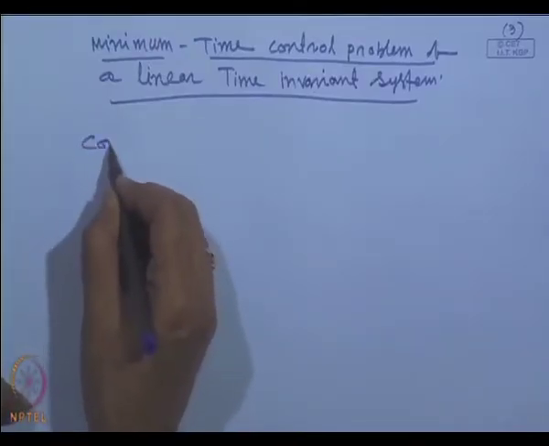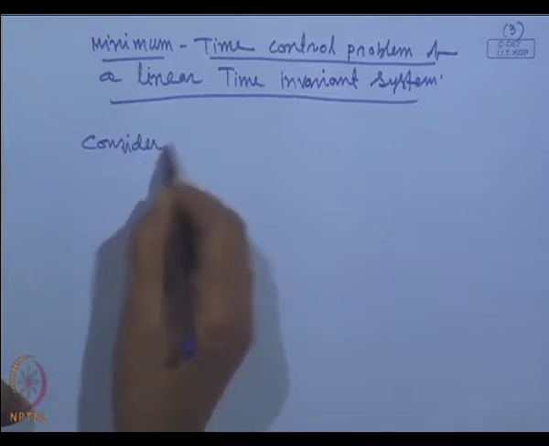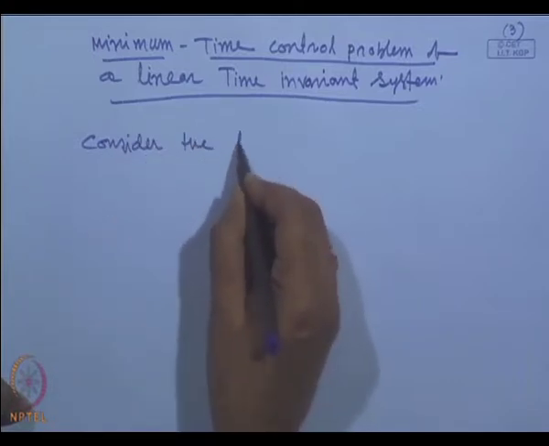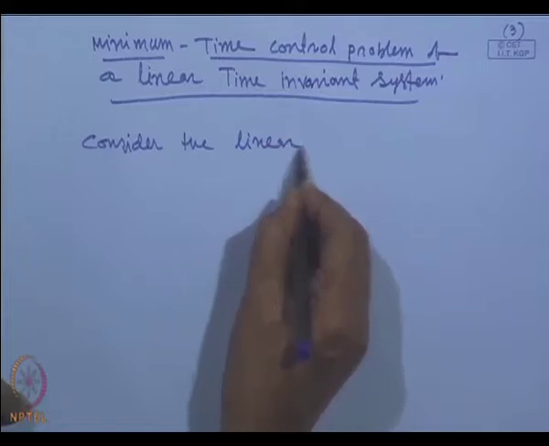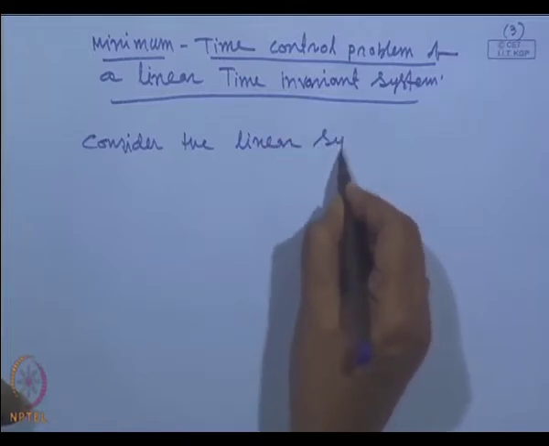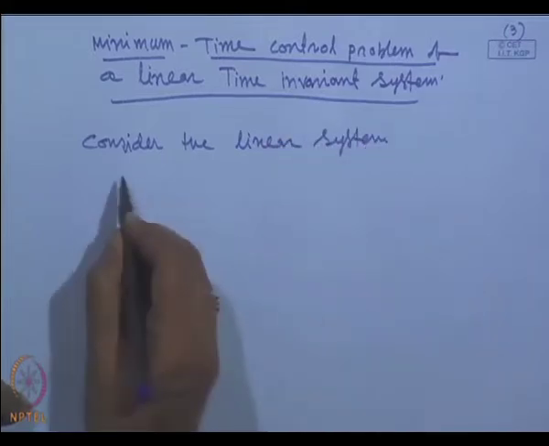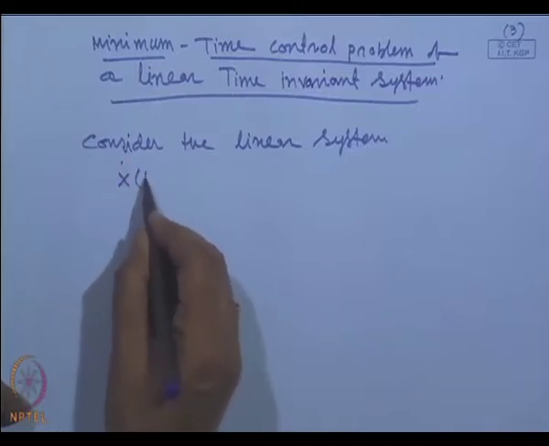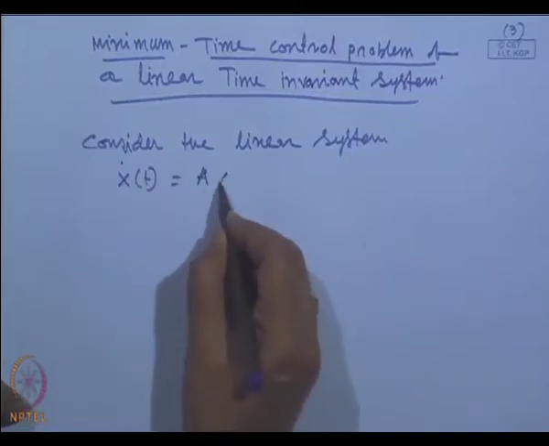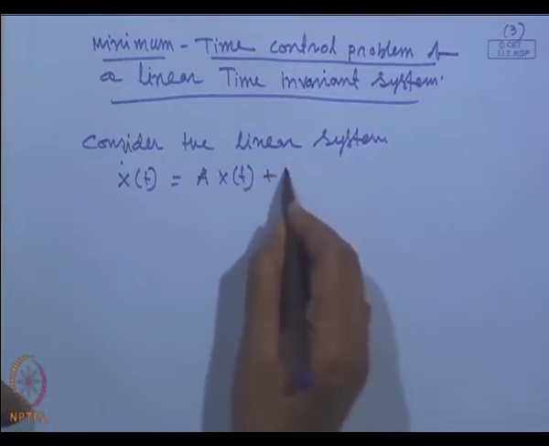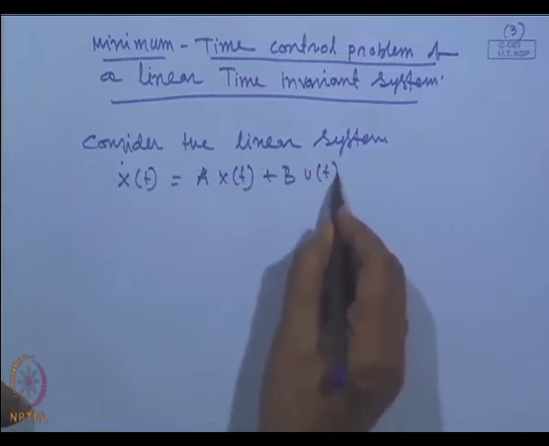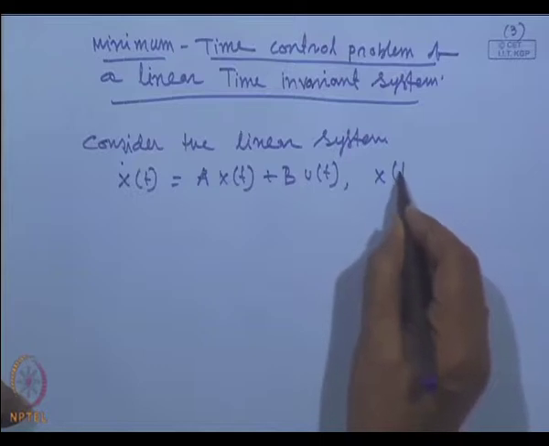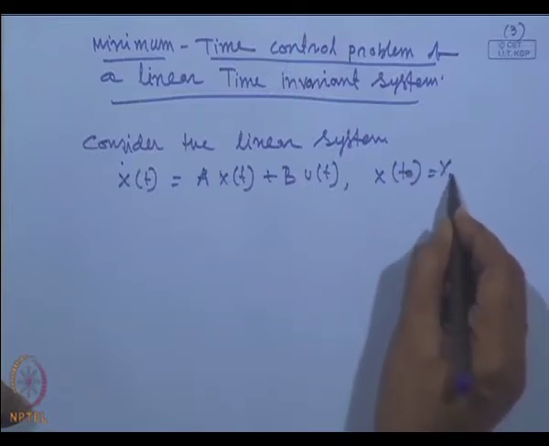Agree? So, let us state this one. Consider the linear time invariant system described by x dot of t is equal to A of x t plus B u of t, and our initial state x of 0 is given.